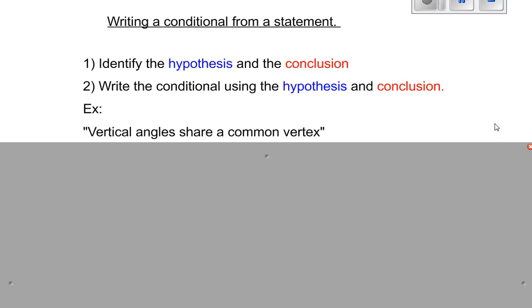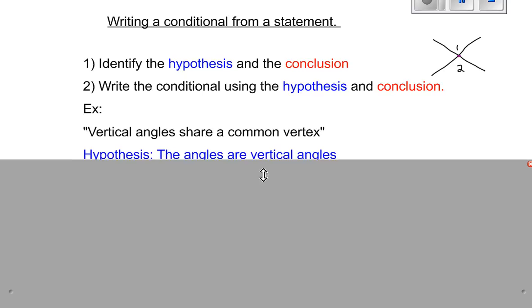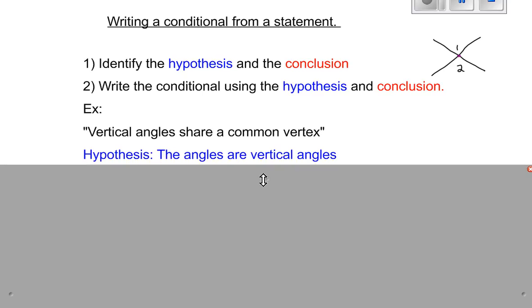We know that that is true. So if you have vertical angles, and we can actually draw them. So let's see, we have two angles, angle 1 and angle 2, and these are vertical angles, and they do share a common vertex, which is right over there. Okay, so I want to be able to identify the hypothesis and conclusion. So the hypothesis is the angles are vertical angles.